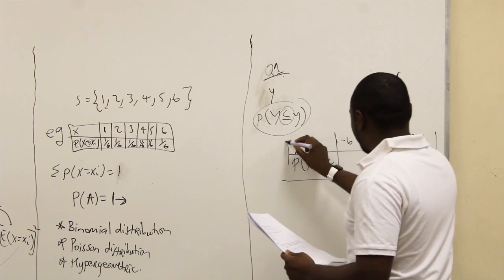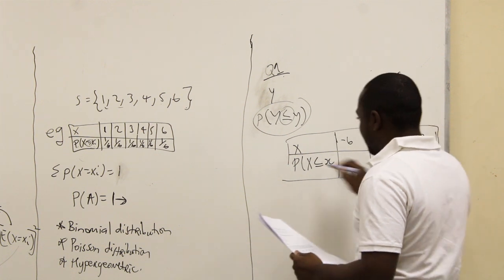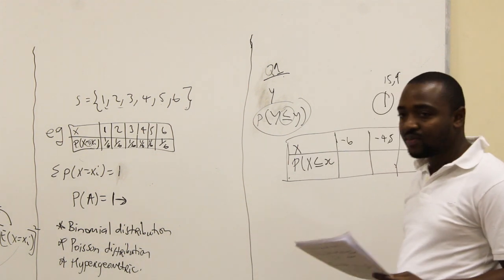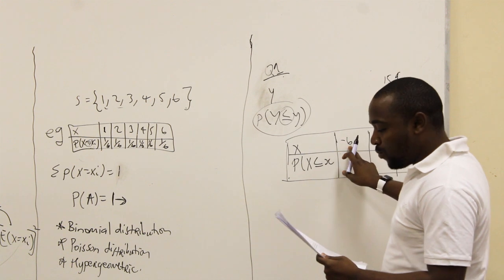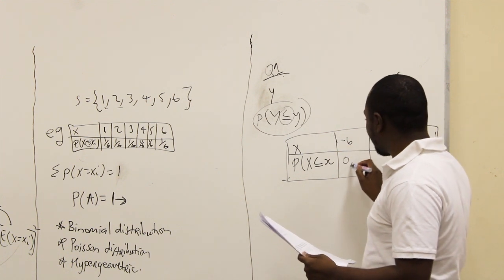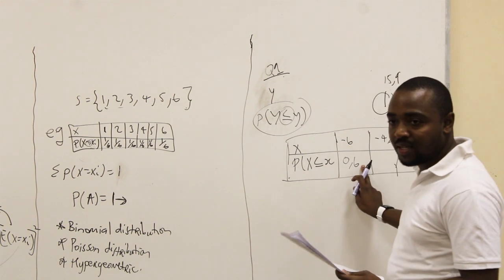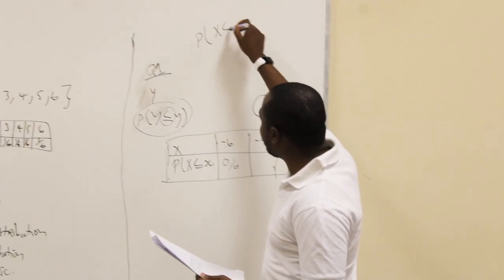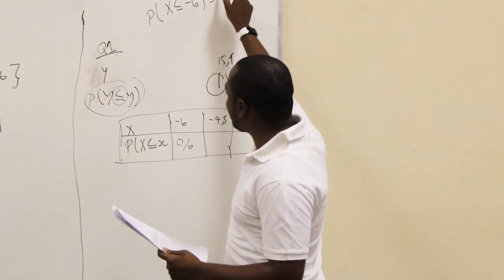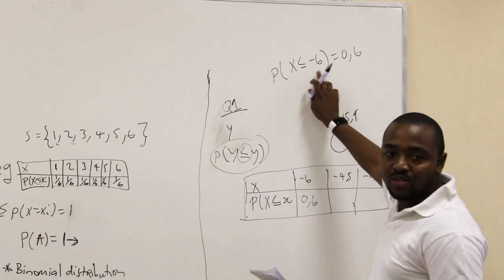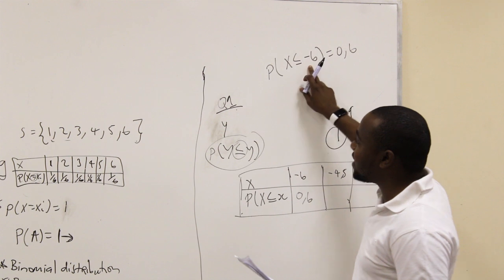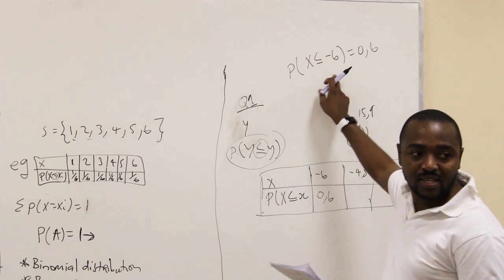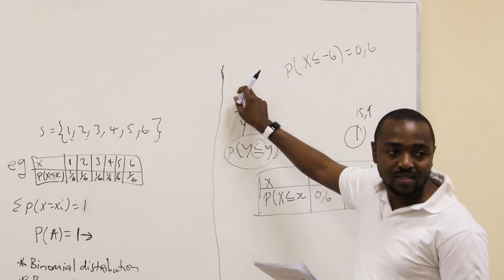So what does this probability mean? The probability of x being less than or equal to minus 6 is equal to 0.6. So this probability entitles every value from minus 6 to the left of minus 6, right?